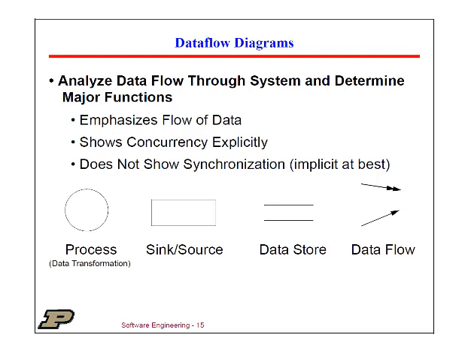What these do is they analyze data flow through the system to determine the major functions, right? So again, unlike flowcharts, which show program flow or flow of execution, this is the actual flow of data. Now, it can show concurrency explicitly, but does not show synchronization. Some people say there are some implicit forms of synchronization that it can show, but fundamentally the syntax of these is that circles represent processes.